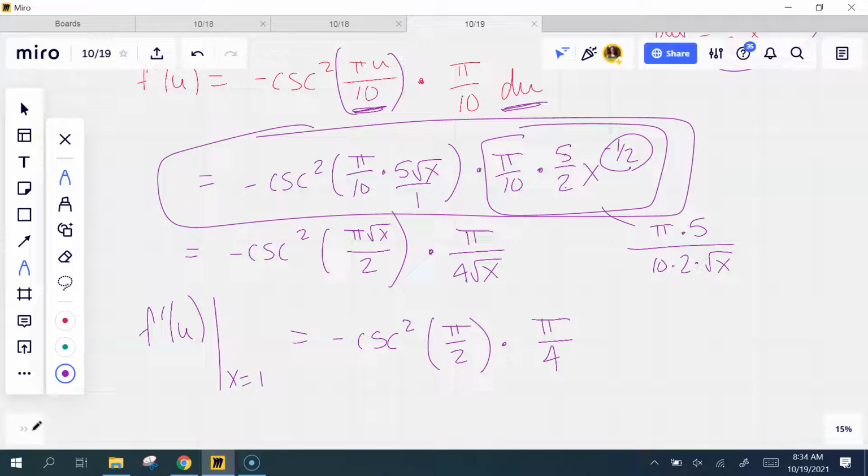What are the coordinates there? 0, 1. The sine of that is 1. The flip of 1 is 1. 1 squared is 1. But it's negative, so it's negative 1 times.